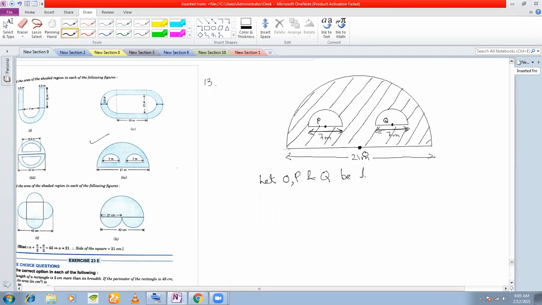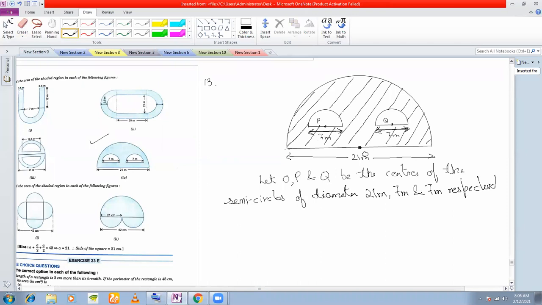be the centers of the semicircles of diameter 21 meters, 7 meters, and 7 meters respectively.